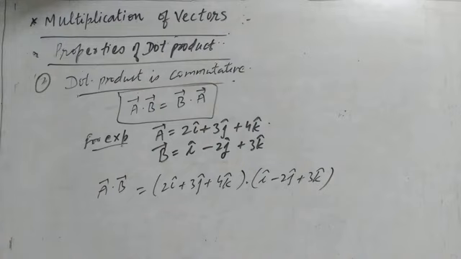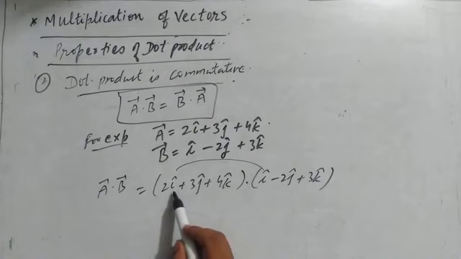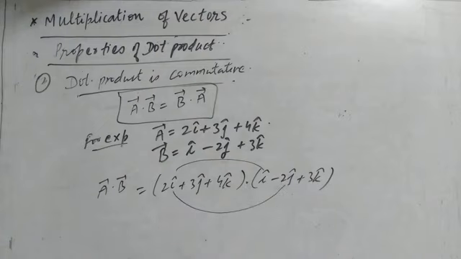Now we have already studied that the product of similar vectors is 1 and the product of two different vectors is 0. So we will find out the dot product by this method.